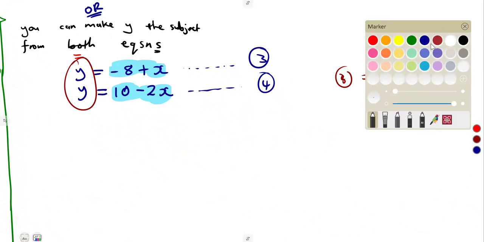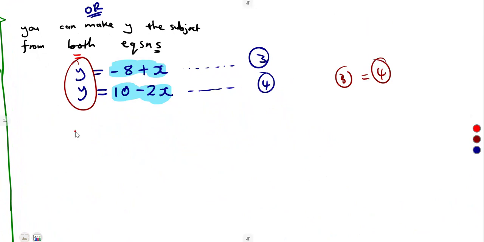So you simply equate: minus 8 plus x from equation 3 is equal to 10 minus 2x. It's another way that you can work with.